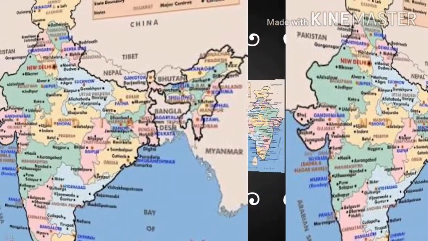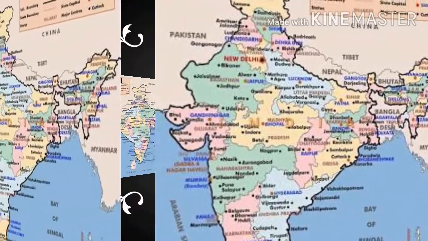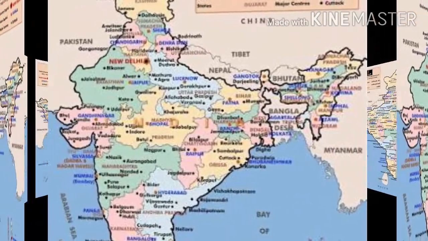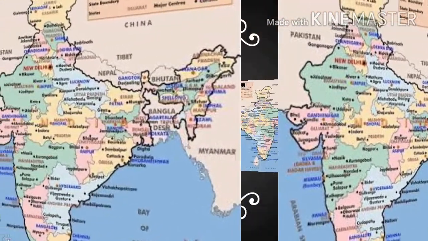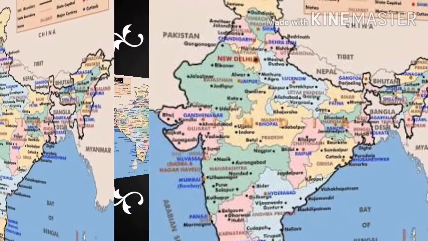Suppose in Andhra Pradesh, it is 309. In Andhra Pradesh, in 1 square kilometer area, 309 people are living.